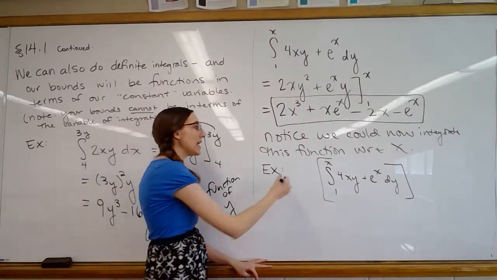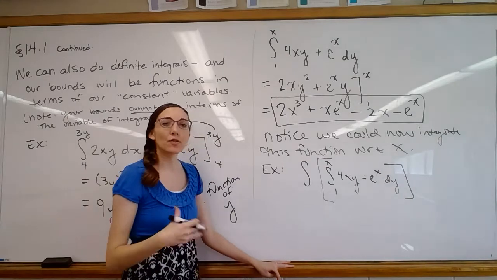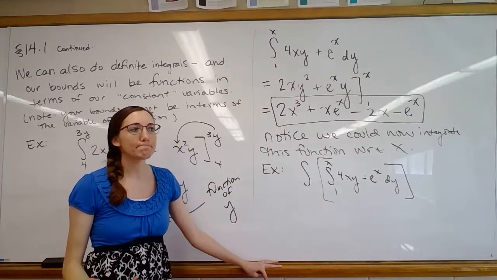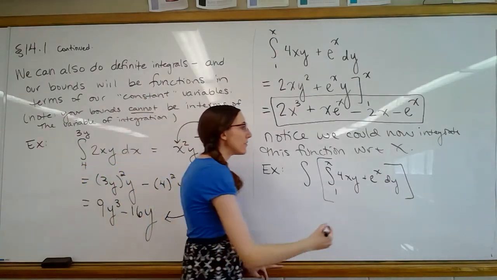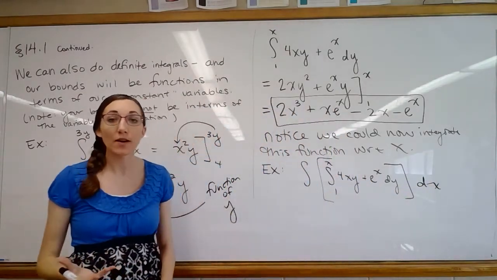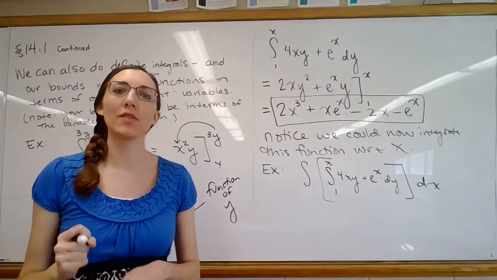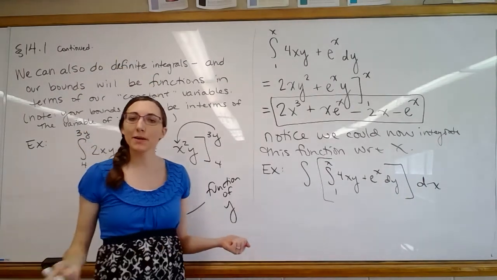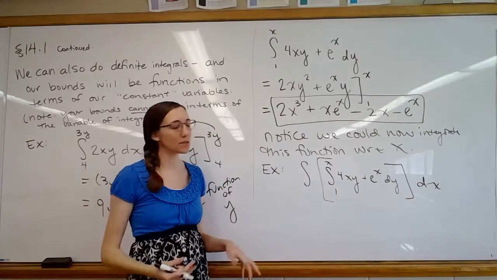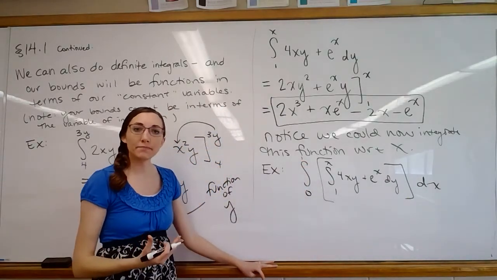I could then take another integral of that function of x. Now notice at this point, this new function in terms of x is no longer a multivariable function, it's a single variable function. So when we think about constants for that function, they are going to be literal scalar constants. So for example, I could do the integral from 0 to 1.